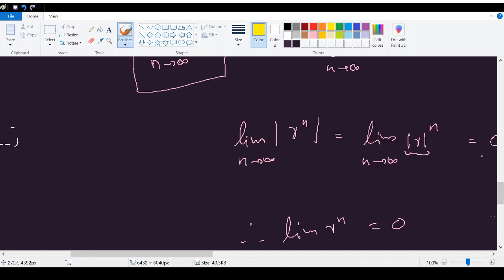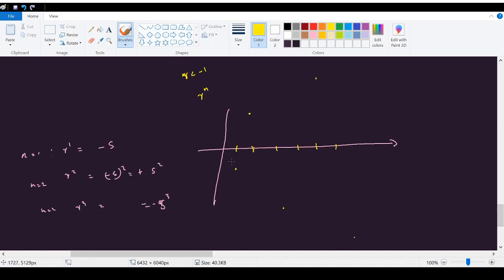So far we have discussed several types of oscillations, right? The first one is where the distance between these two points was the same, and the example was -1 to the power n. No matter what n we choose, we will get either -1 or +1.